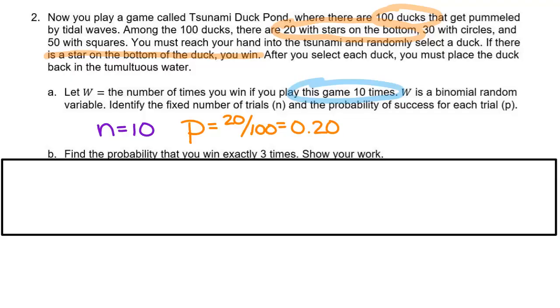All right, part B. Find the probability that you win exactly 3 times. So I want you to start off now by typing into the chat just what does my probability notation look like? Don't calculate anything yet. What does my probability notation look like? Type that into the chat for me.